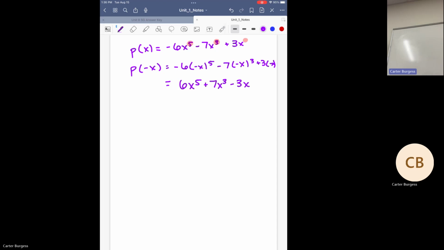It's almost as if we've multiplied everything by negative 1, or just distributed a negative all the way through our function. In other words, we might say something along the lines of p of negative x is equal to negative p of x. Plugging in that negative x essentially just flipped all of the signs for my equation.